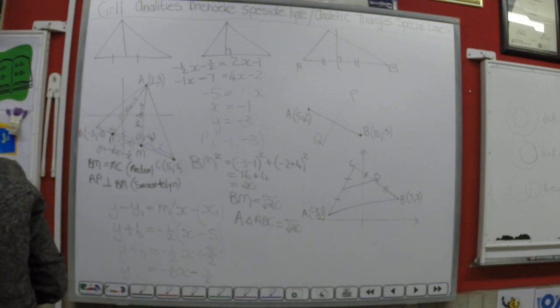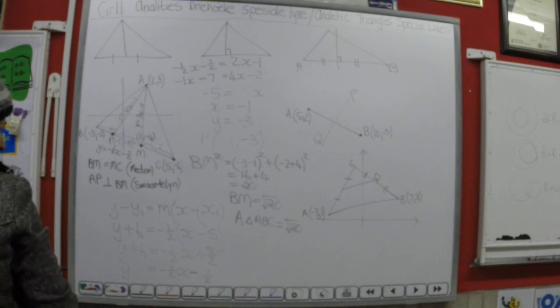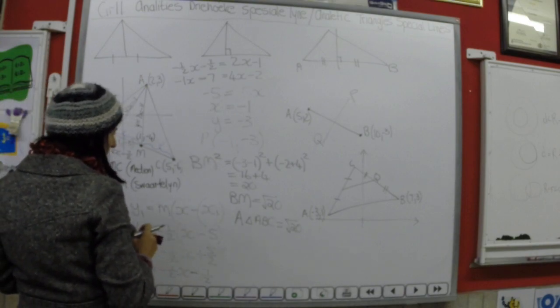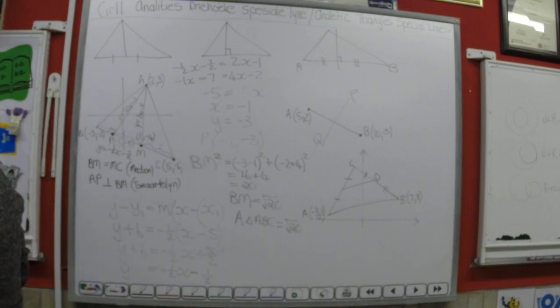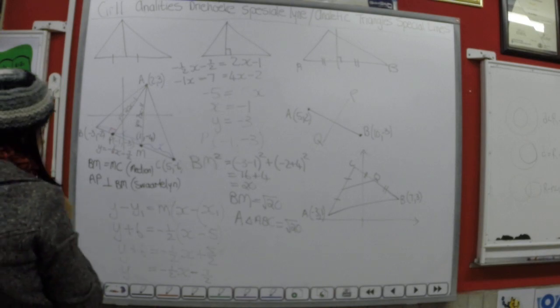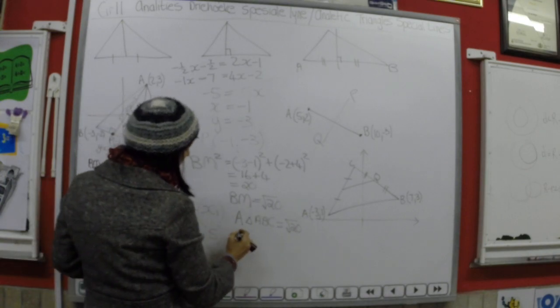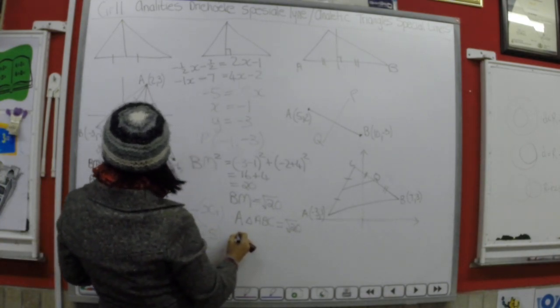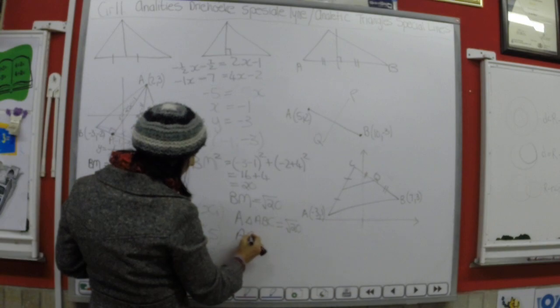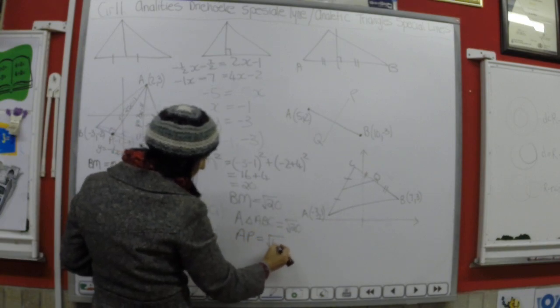Die wortel van 45. If you go and work out, it's 3 squared plus 6 squared. That gives you 3 squared, 9 plus 36. That gives you 45. So the distance, if you use the distance formula of AP, will be the root of 45.